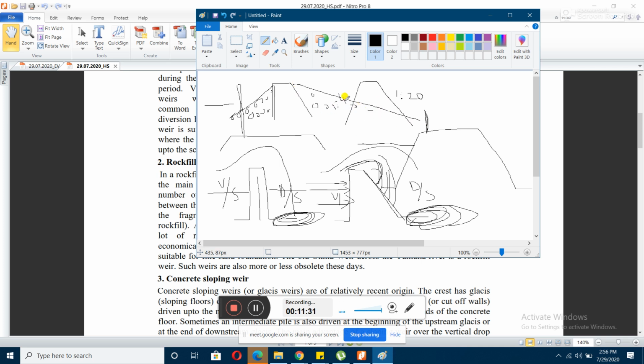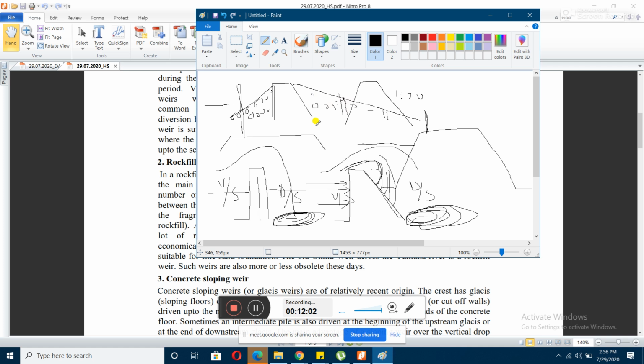So we have to insert core walls at intermediate positions. They hold the rock fill materials together, so that due to the turbulence of water the rocks won't get carried away. The core walls hold the rocks together, so the slope will remain like this.